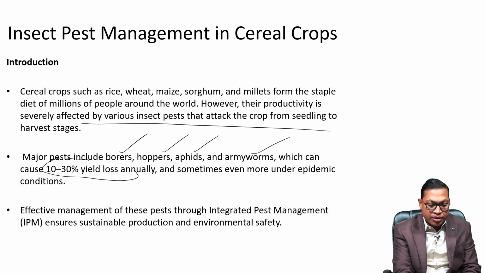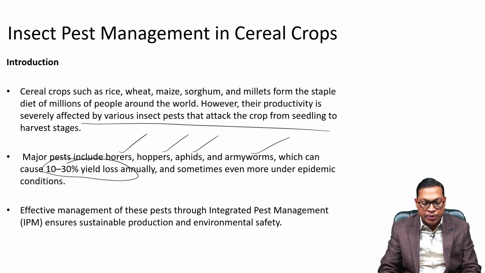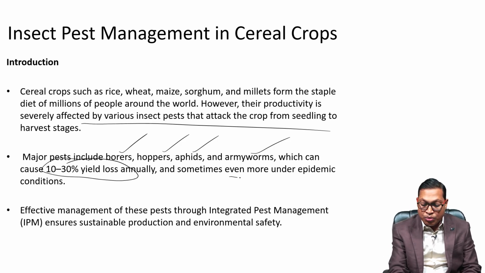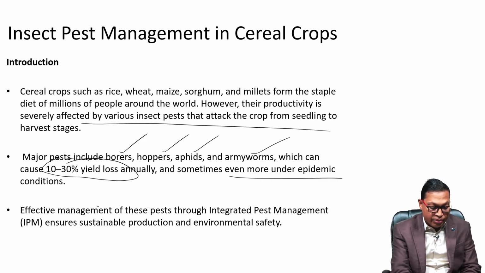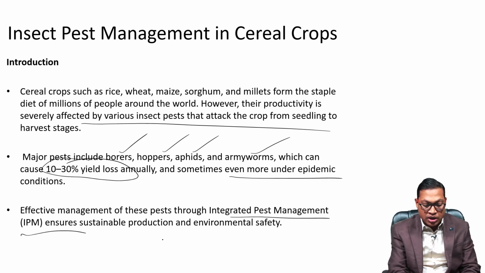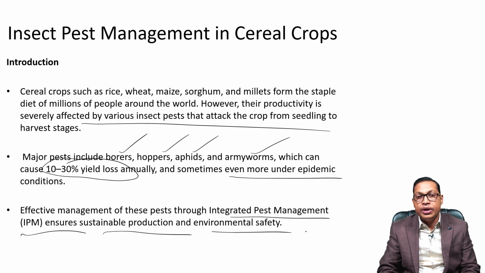Yield can be reduced by up to 10 to 30% annually, and sometimes even more under epidemic conditions. So, we have to go for effective management through integrated pest management, so that sustainable production can be procured with environmental safety.